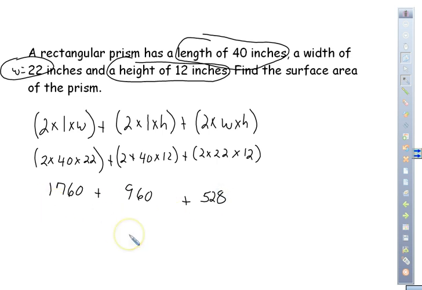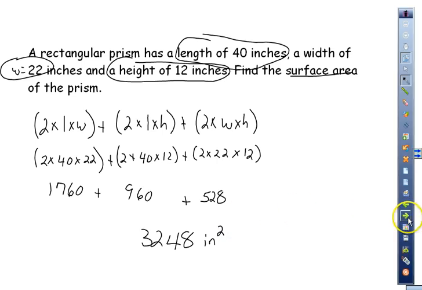And when we add these all together, you're going to get a grand total of 3,248. Okay, and again, what are we trying to find? Surface area, so it is going to be square inches.